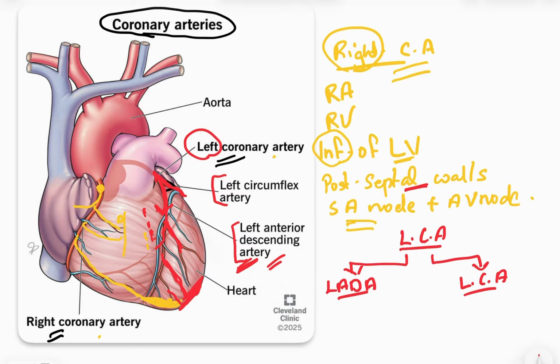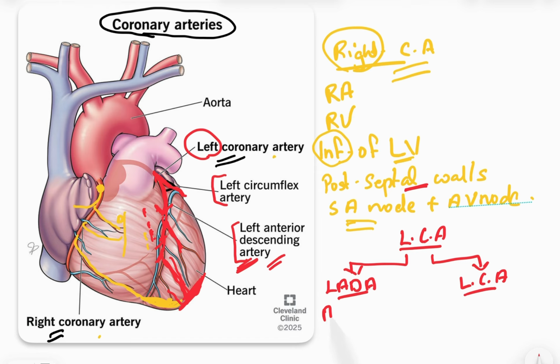The anterior wall, the anterior ventricular septum, and the apex of the left ventricle, these three are supplied by the left anterior descending artery.